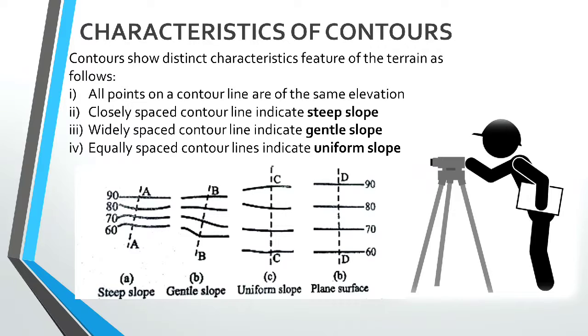So remember this: if the lines are close to each other, it is called a steep slope. A uniform slope is usually found on a map where the contour lines are evenly spaced apart, so the slope will be very uniform.